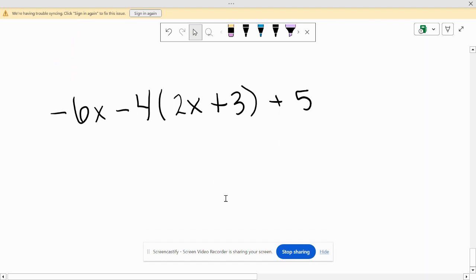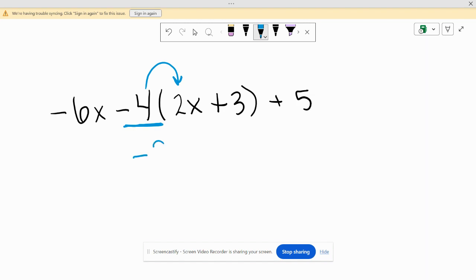When I'm using the distributive property, I'm always looking for the number that's right next to the parentheses. So in this case, the number that's right next to the parentheses is negative 4. I'm always looking at the sign that's in front of the number. So I'm going to take negative 4, multiply it by positive 2. That's negative 8x. And then I'll take negative 4, multiply it by positive 3.